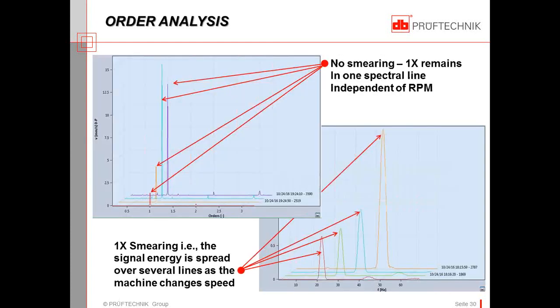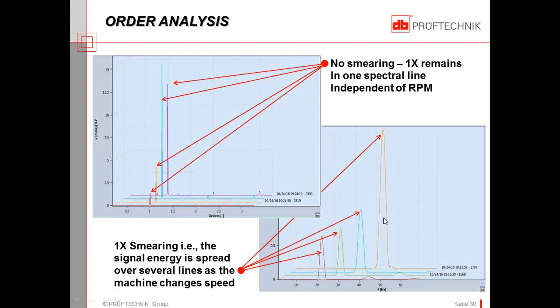So again, looking at the presentation of the data, in the upper left we have order spectra, and it's quite easy to see the 1x components. Even though the RPMs have varied considerably, we can look at the 1x and see how it's changing. We can apply some smoothing algorithms to get a very good trending picture.